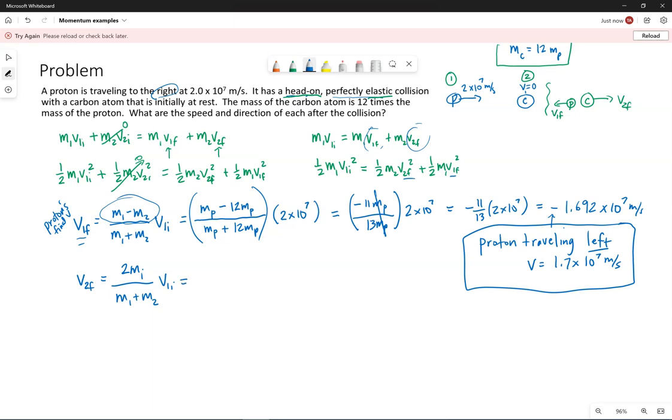For the carbon atom, the numerator is 2 M1, not M initial. So mass 1 is the proton. In the denominator, mass of the proton plus 12 times mass of the proton. And then we multiply that by the initial velocity.